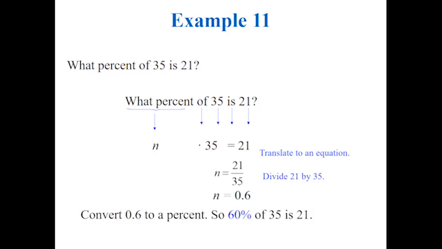So we need to change 0.6 back to a percent. 60% of 35 is 21, not 0.6%. 0.6 is not a percent. It's a decimal that we found by doing our work. It's got to change to a percent to answer the question of what percent.